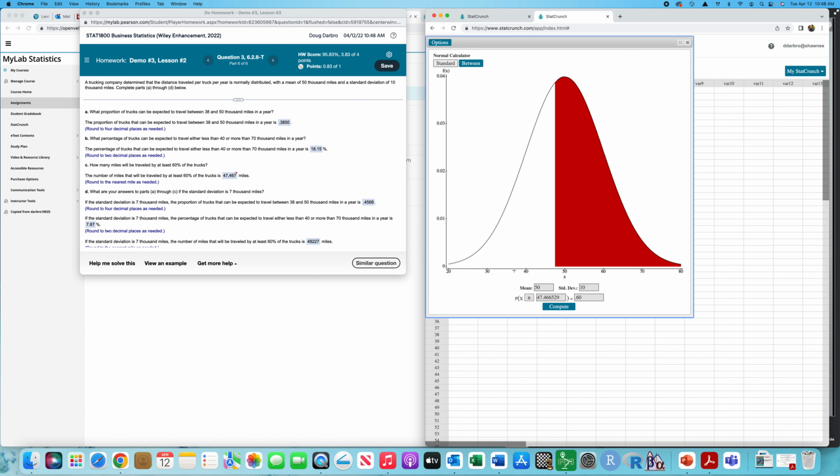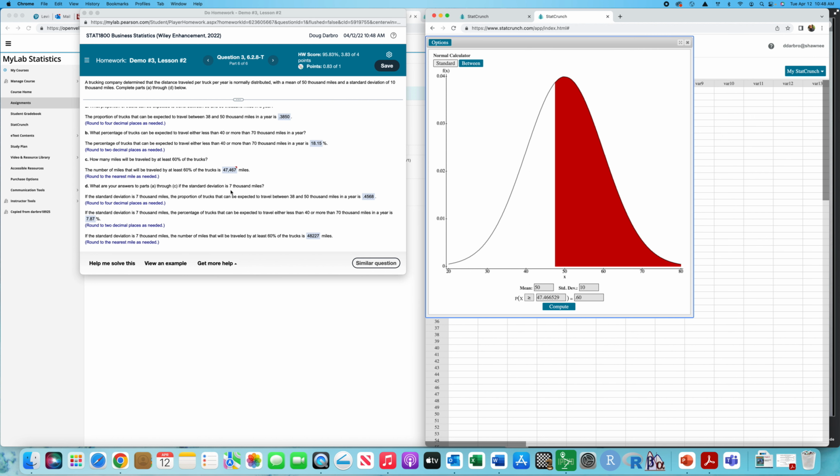What I entered was 47.5, so I got sloppy and it counted off. I didn't feel like redoing all the complete assignments, so I just left it. Just make sure you put this in thousands. So it's 47,467.